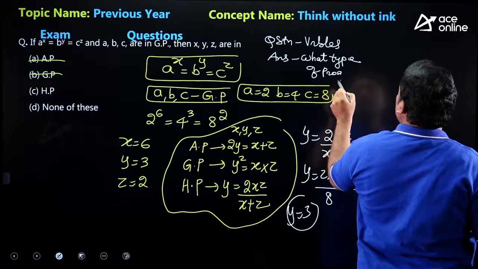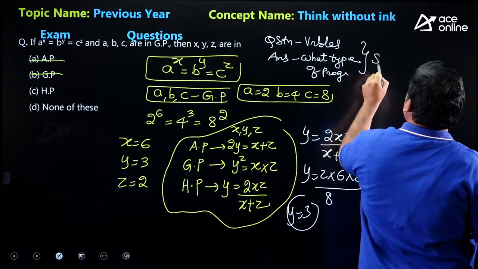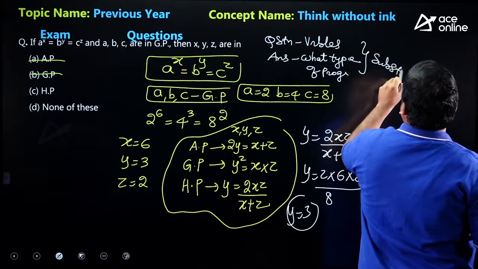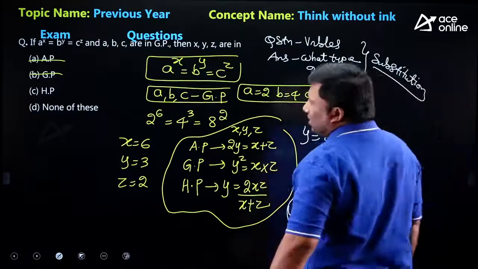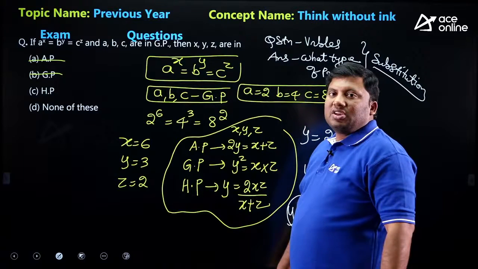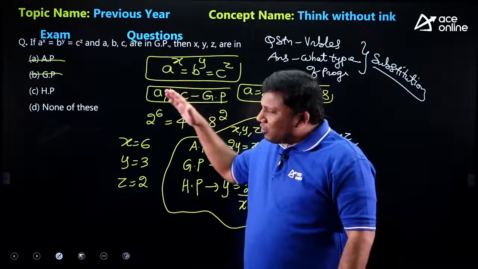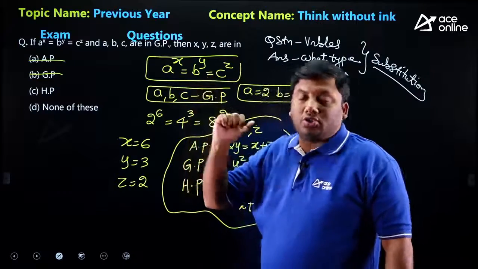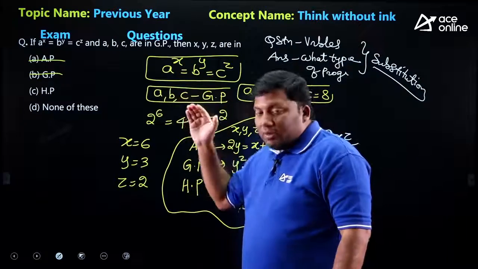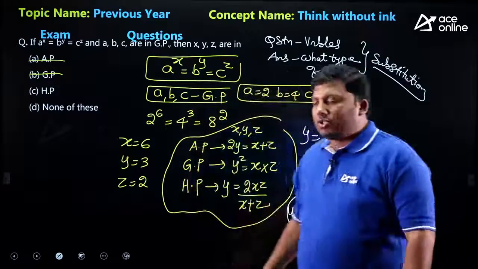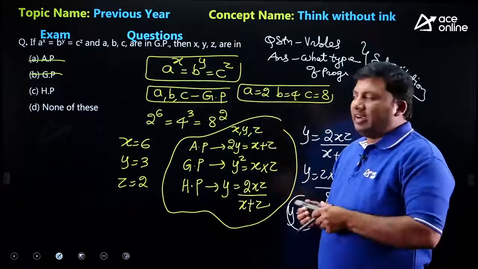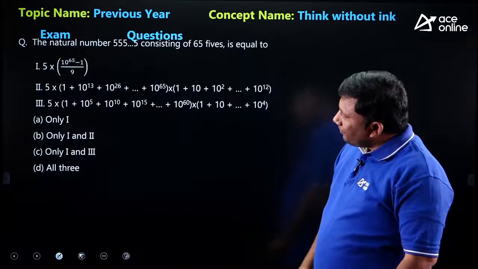These are all simple questions. If you know the approach to solve the problem, this question can be solved in seconds if you just understand the methodology. I hope this idea is very much clear.